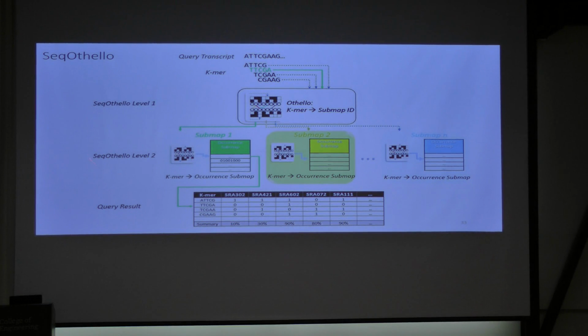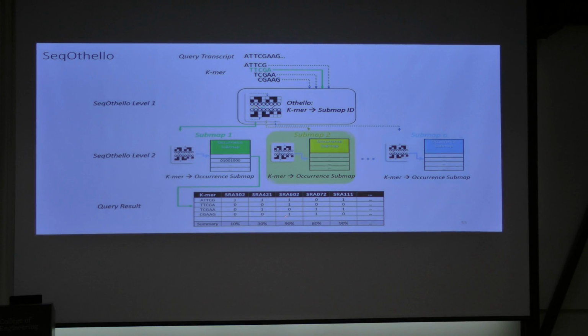Then at SQL0 level 2, within each submap, the L0 will obtain the occurrence information in all those data sets based on the indexing structure of this L0. So then we will get a table like this. It basically represents the presence information of all those k-mers in this query sequence.